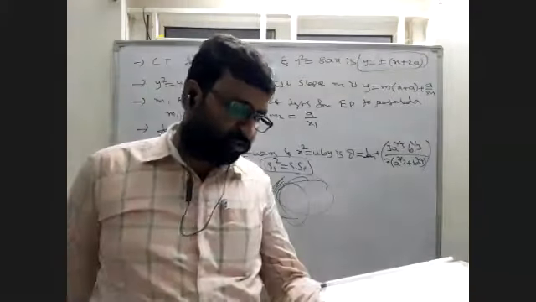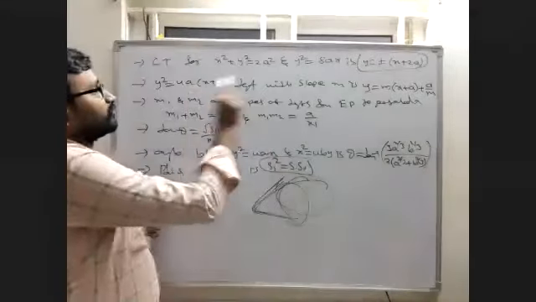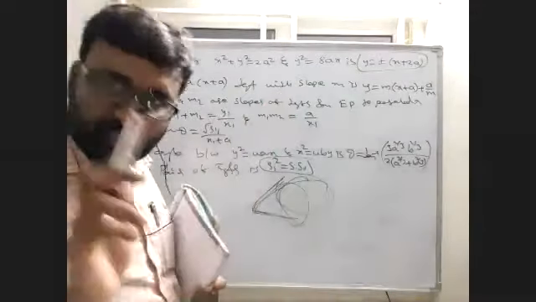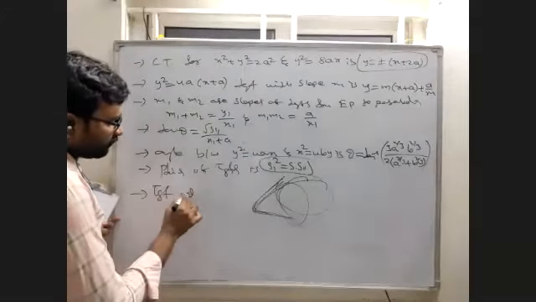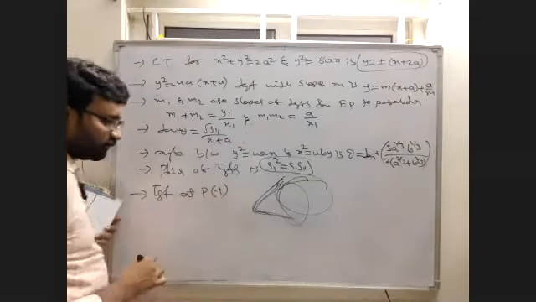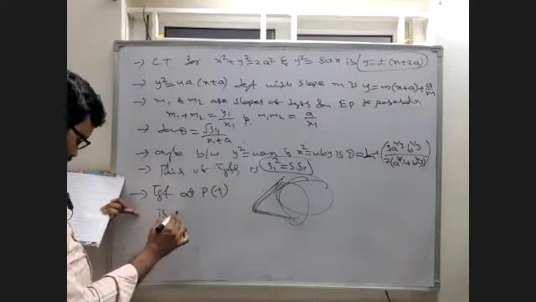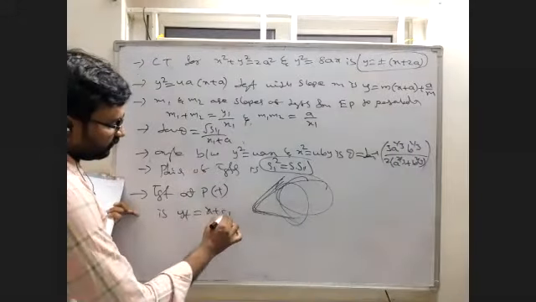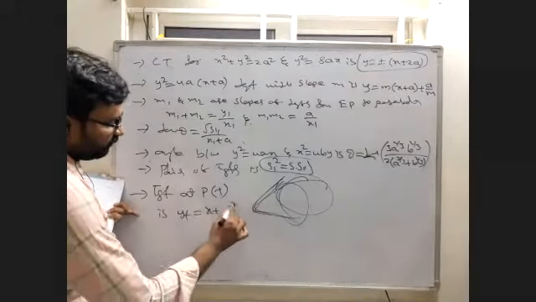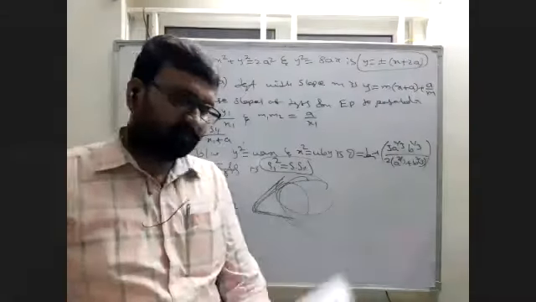Equation of tangent to y square equal to 4x at the parametric point. Equation of tangent S1 equal to 0 is at a variable point. Tangent at P of t, we have to use the parametric point. Yt is equal to x plus at square is the equation of the tangent.